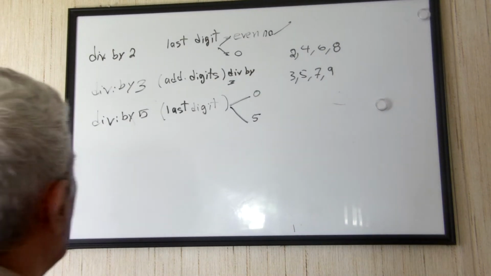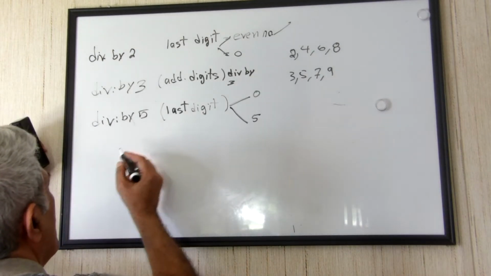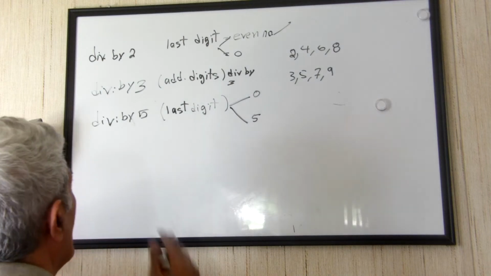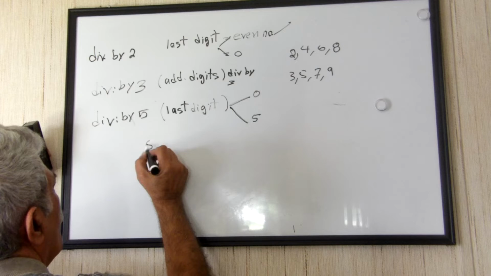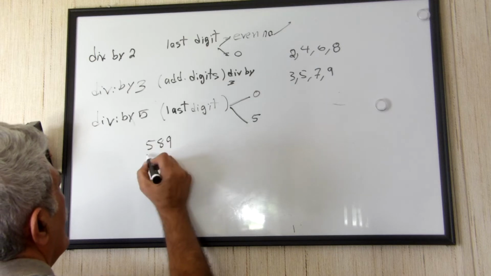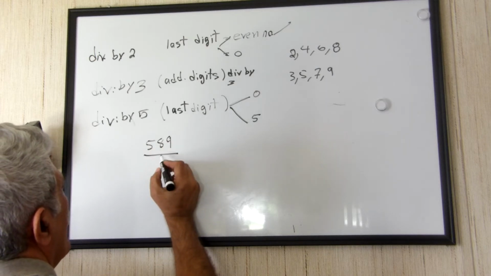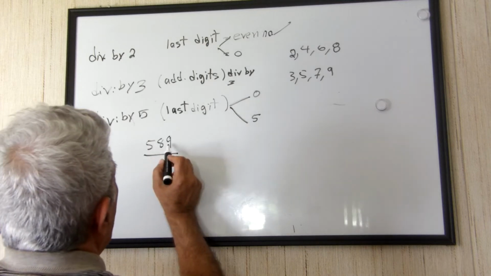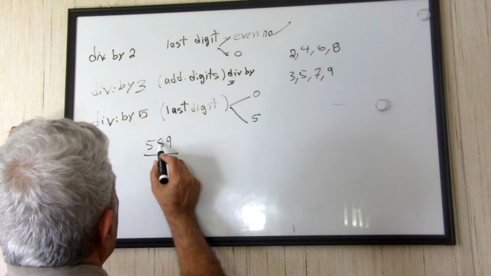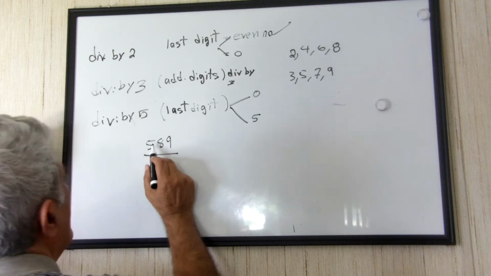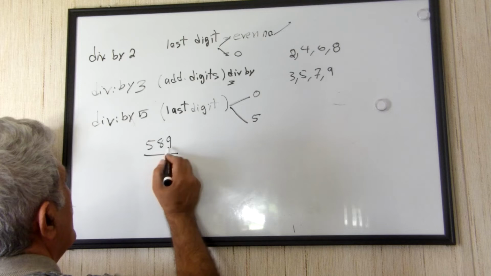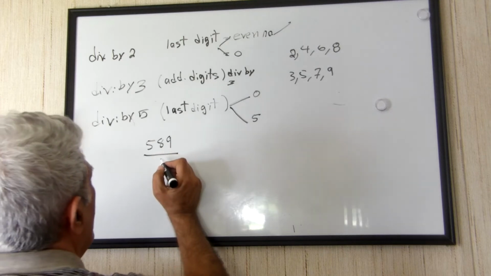Now we are going to simplify. I'll give you some examples to simplify a fraction. 589 divided by, you see, 17 plus 5 is 22. It's not going to be divisible by 3.